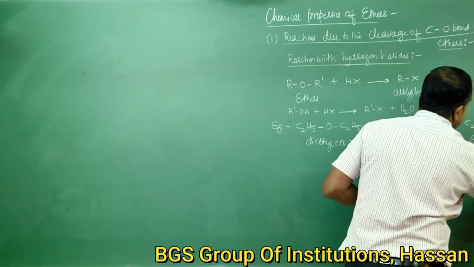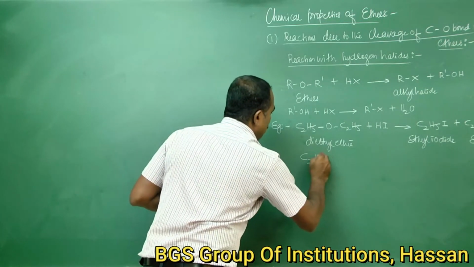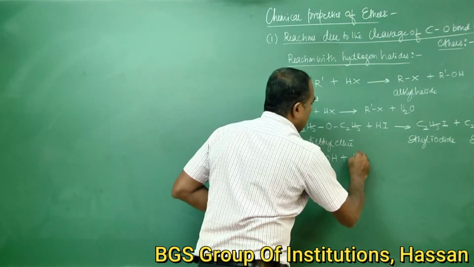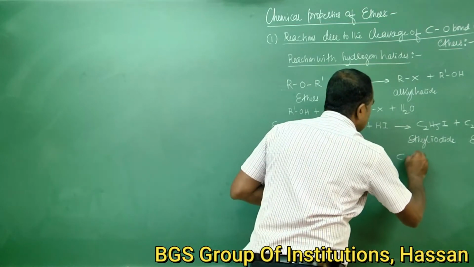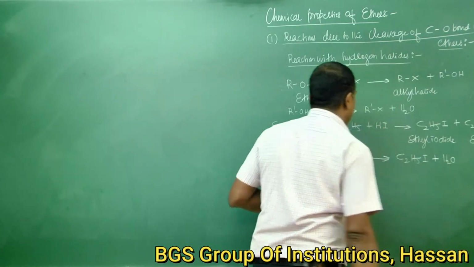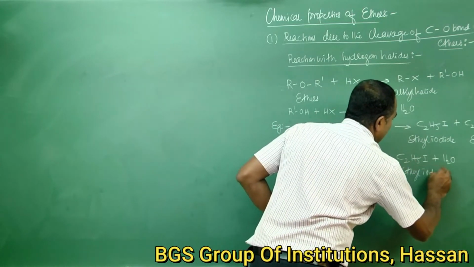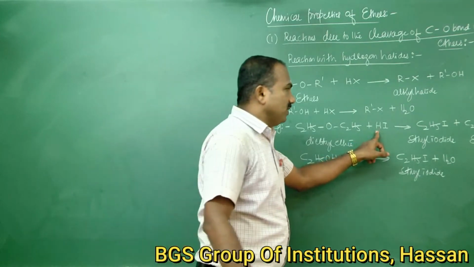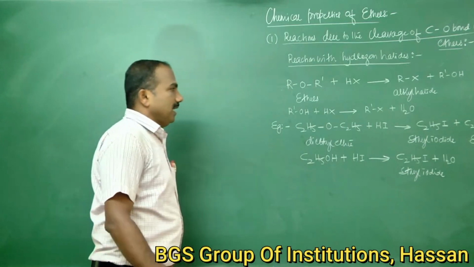Ethyl alcohol, C2H5OH, formed on heating with excess hydrogen iodide, gives C2H5I plus H2O. So that is ethyl iodide. So diethyl ether on heating with hydrogen iodide gives ethyl iodide, that is an alkyl halide.